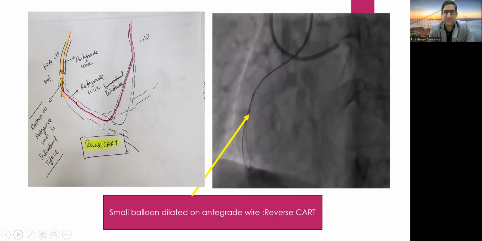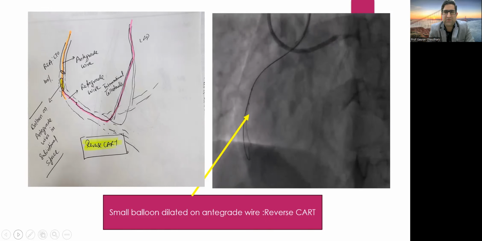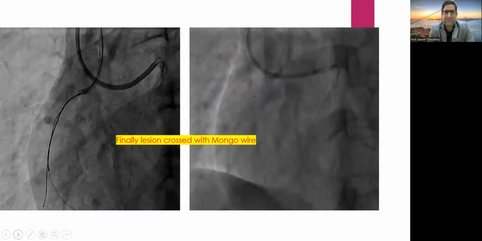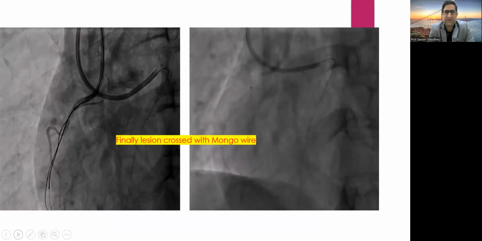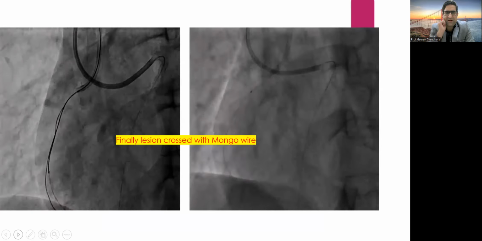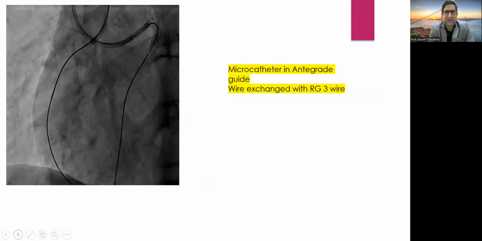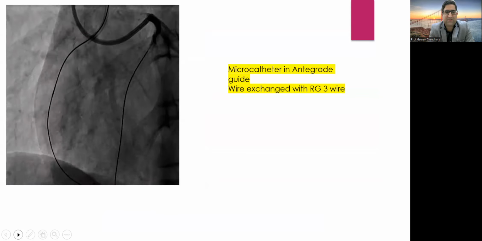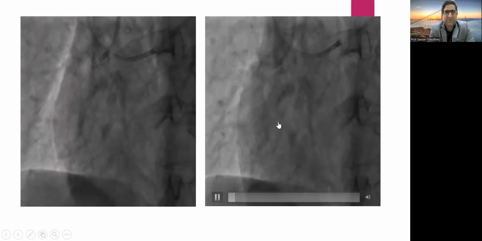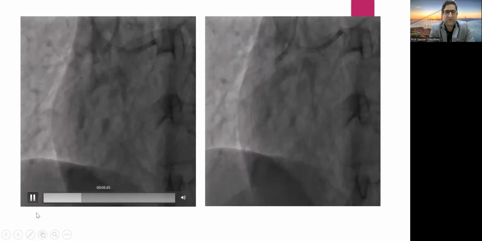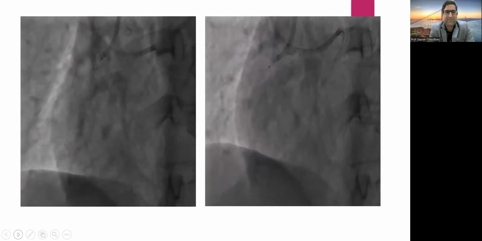And then over this wire, the microcatheter was negotiated by trapping it with a balloon in the antegrade guide, and after crossing with the Mongo wire, the micro went inside, then we exchanged it with the RG3 wire. And after that, we pre-dilated this segment from proximal to mid areas.